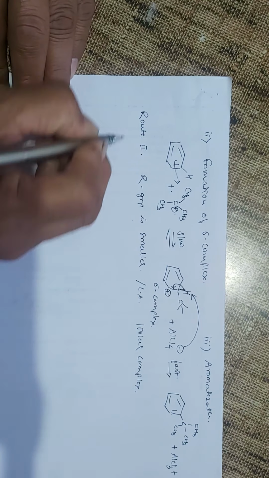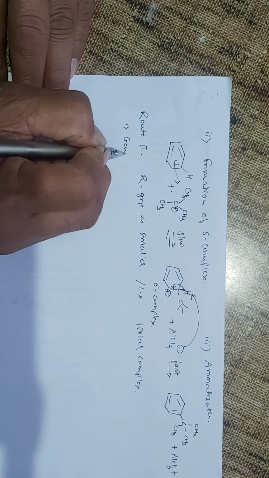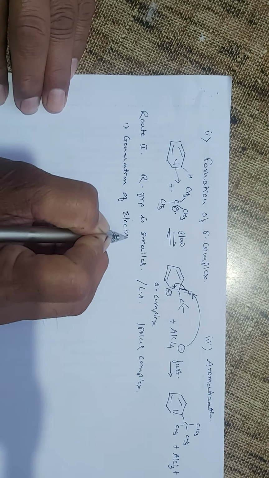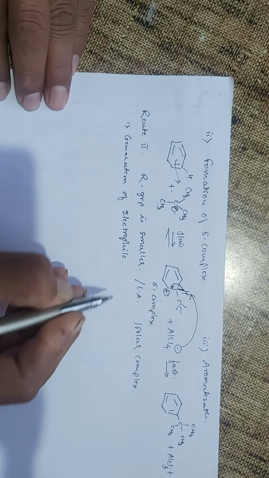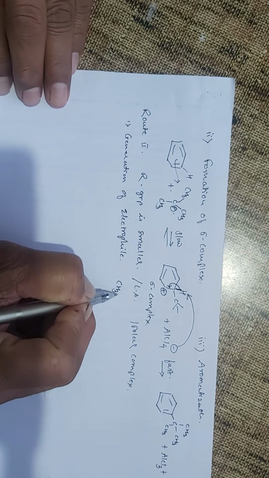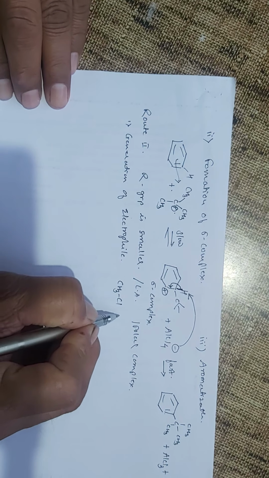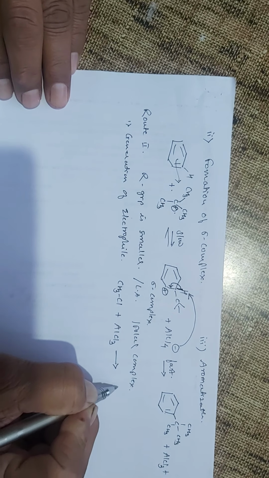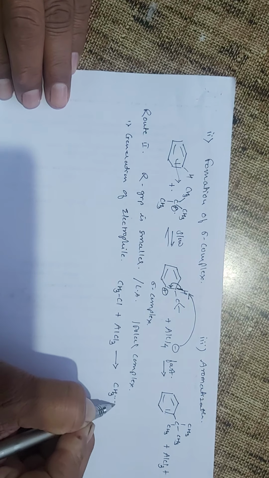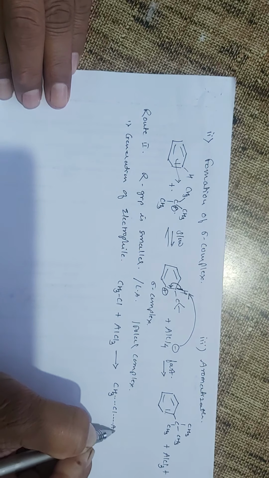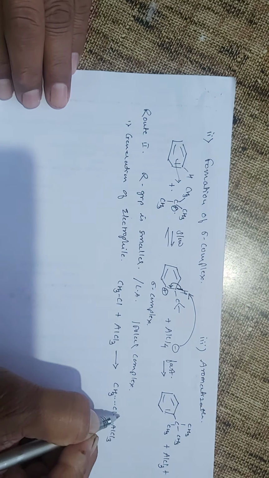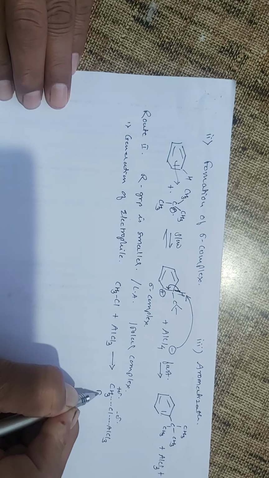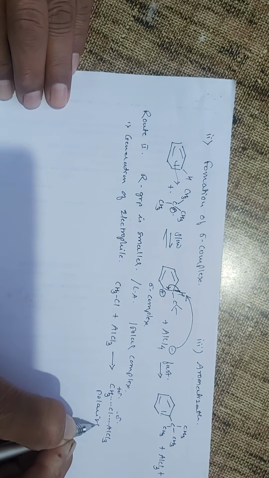So here, in the first step, the generation of the electrophile in route second takes place easily: CH3Cl, methyl chloride, on reaction with the Lewis acid AlCl3 gives the formation of the polarized complex, where the slight positive charge is there.